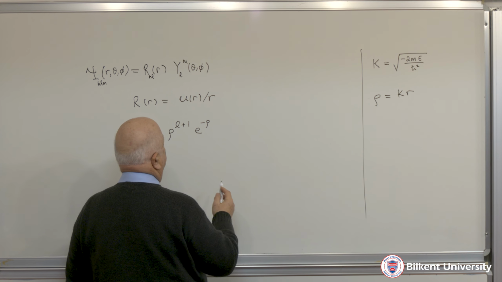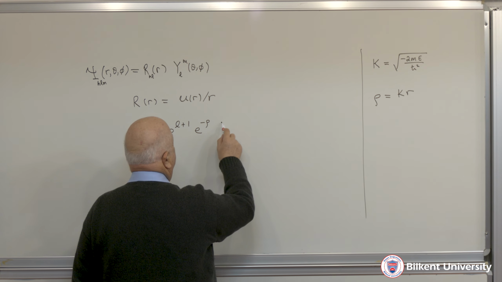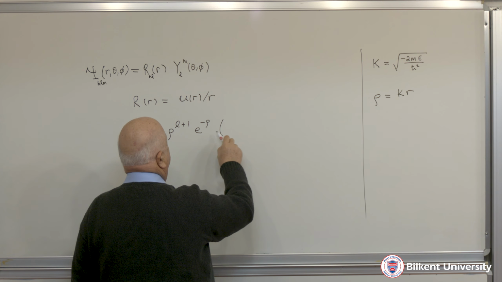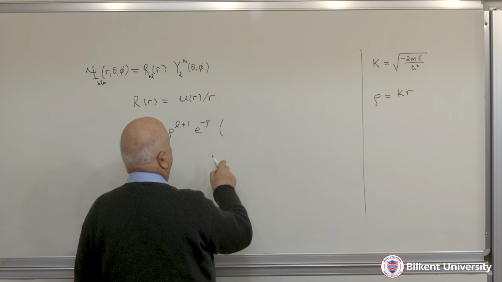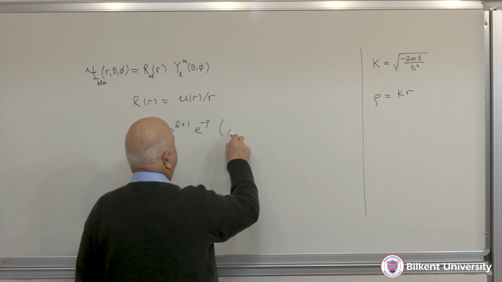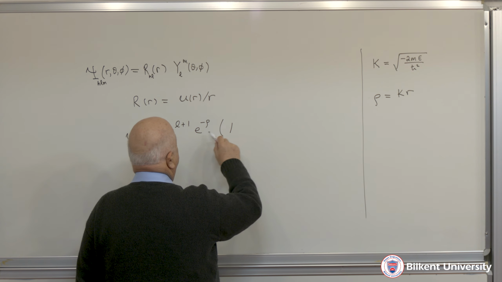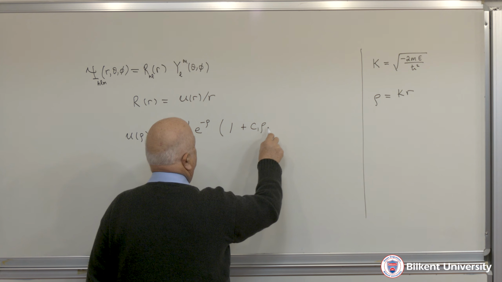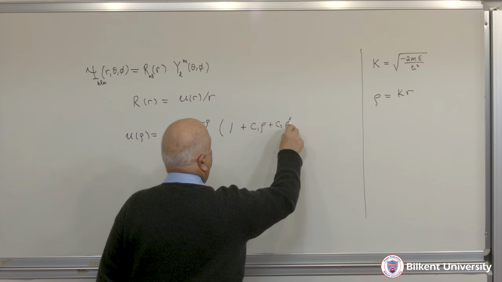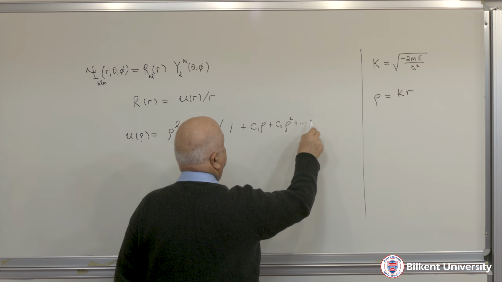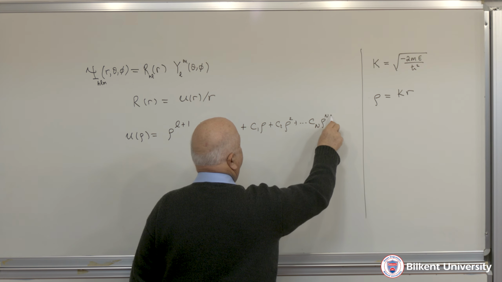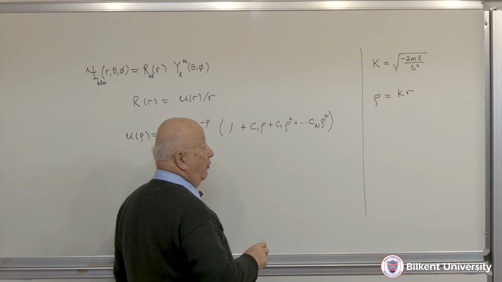And then I had some sort of polynomial expansion. Let me just start with the 1, it's going to be normalized anyway. Plus, let's call it C1 rho plus C2 rho squared plus dot dot dot all the way to C capital N rho to the N. So there's a cutoff.